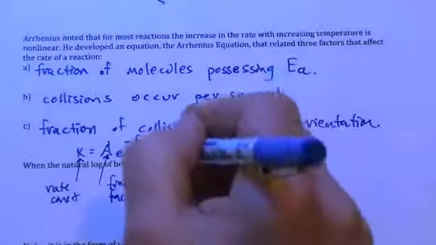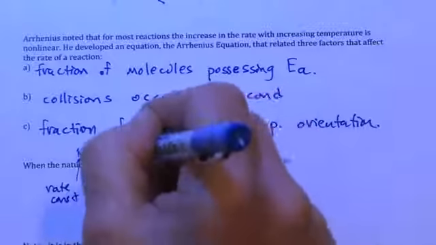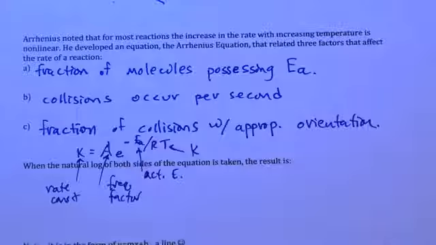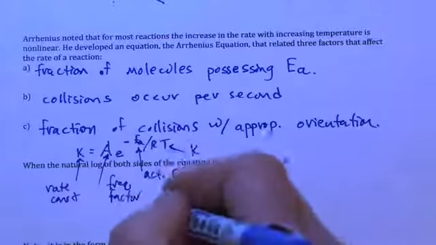T was the absolute temperature, the Kelvin temperature, and E sub A was the activation energy. Well, anyway, when you took the natural log of both sides, the equation became a little simpler to look at.